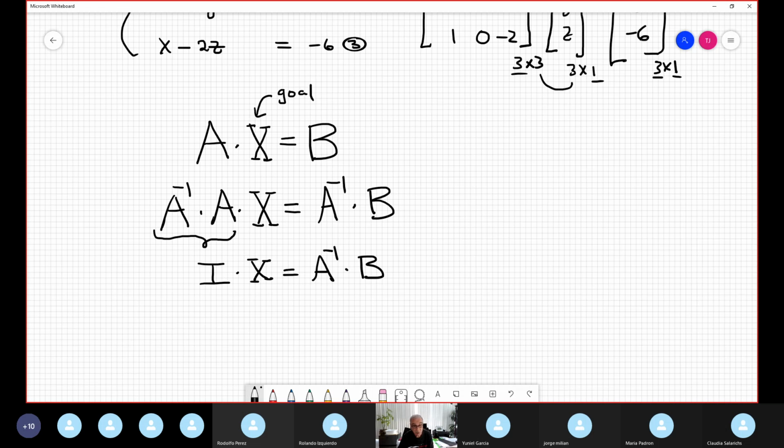I know also that when you multiply the identity matrix times any matrix, the answer is the same matrix. The identity works like a 1. Suppose you multiply 2 times 1, it is 2. This one is the identity matrix, but in 1 dimension, because it's a scalar, 1 by 1.